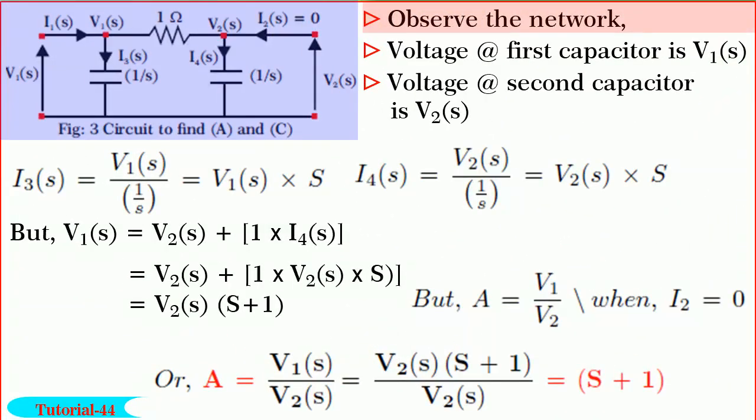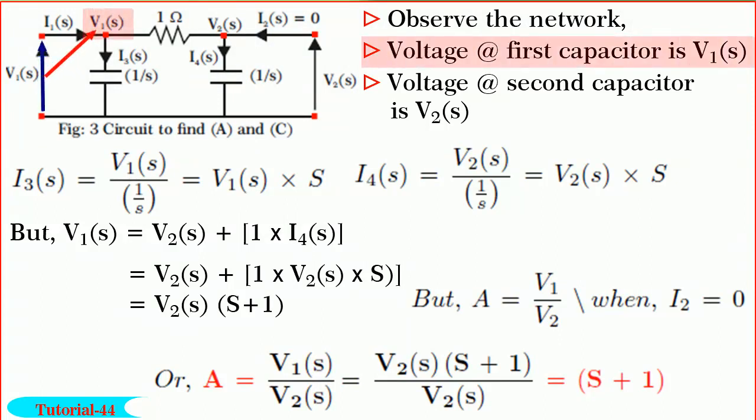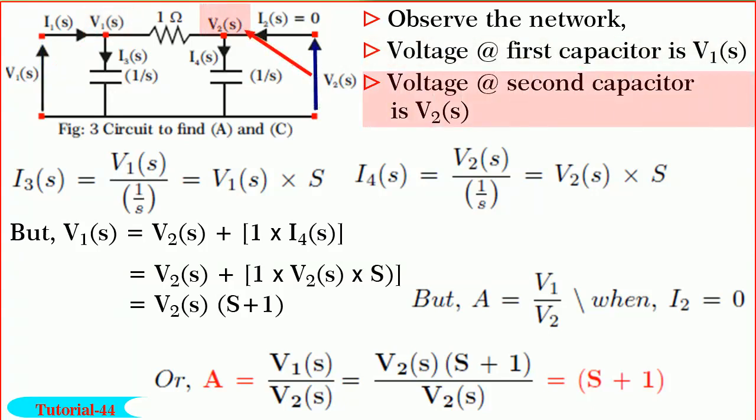Friends, observe the network. Hope you recognize that voltage across the first capacitor is V1(s) and voltage across the second capacitor is V2(s). So, let I3(s) and I4(s) be the currents through the first and second capacitor respectively.